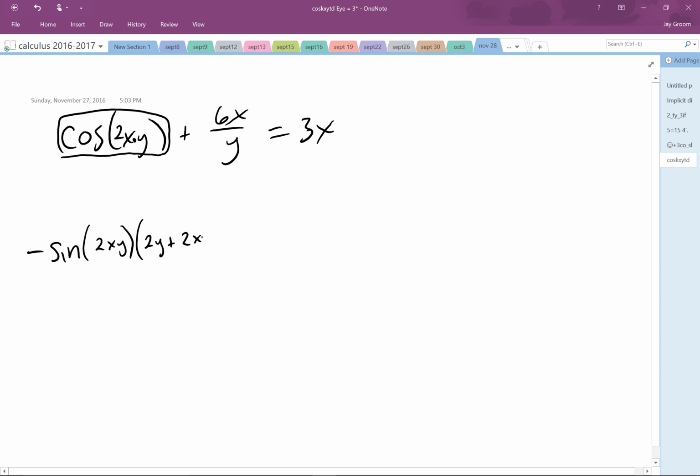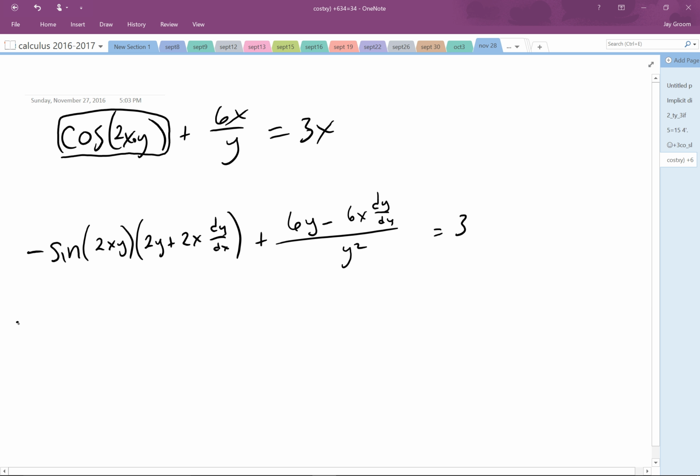plus 2x dy dx, product rule, plus, now quotient here, so it's going to be 6 times y minus the top times the derivative of the bottom over the bottom squared equals, and then of course the derivative of that is just 3. Oops.